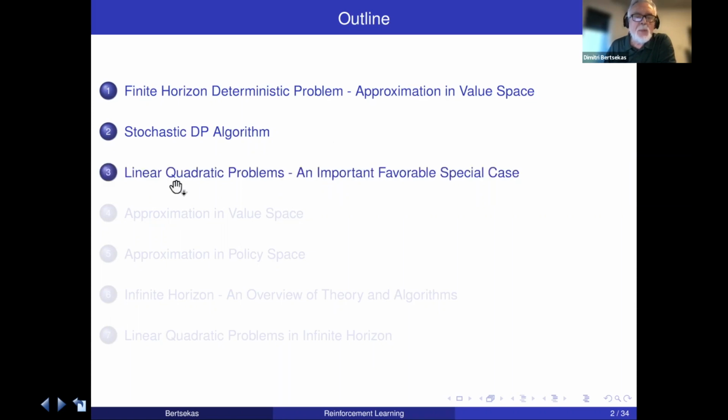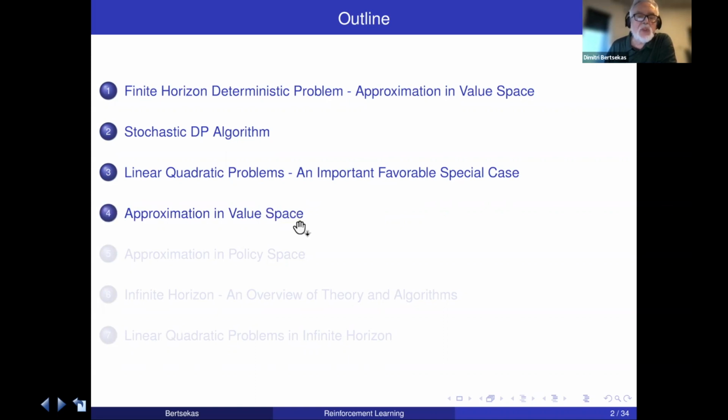We are going to apply it to the exact solution of an important class of problems, linear quadratic problems involving a linear system and a quadratic cost function. This is an important special case, but also it's a very favorable case because it has an analytical solution, which is going to be also useful for us in constructing visualizations of various methods that we're going to be interested in.